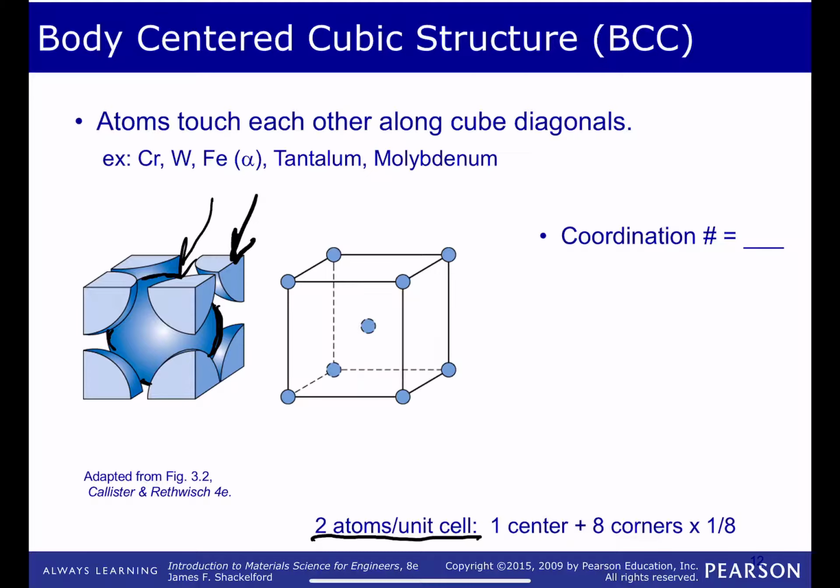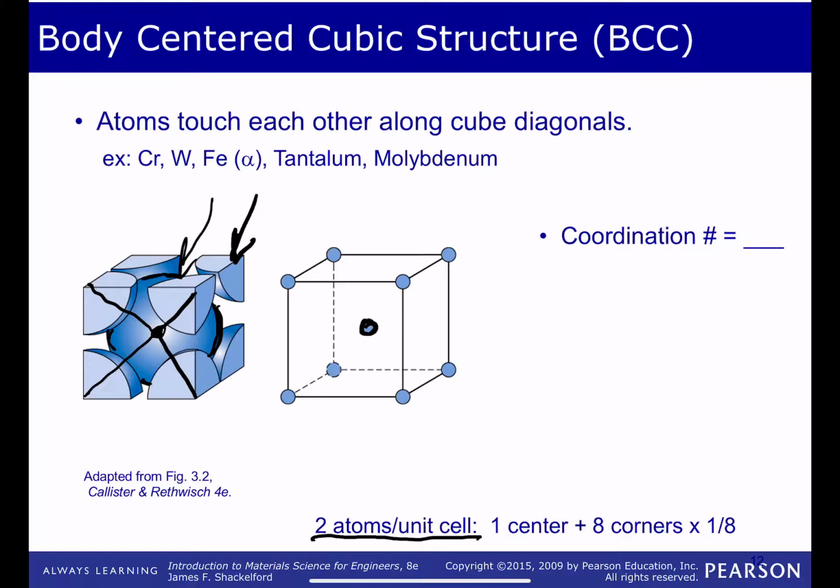We could ask, what is the coordination number for this material? We can think about that body-centered atom and how many atoms are contacting it. As you might be able to tell from the diagram, there's contacts from the center point out to each corner, so we're contacting each of the atoms along the way.